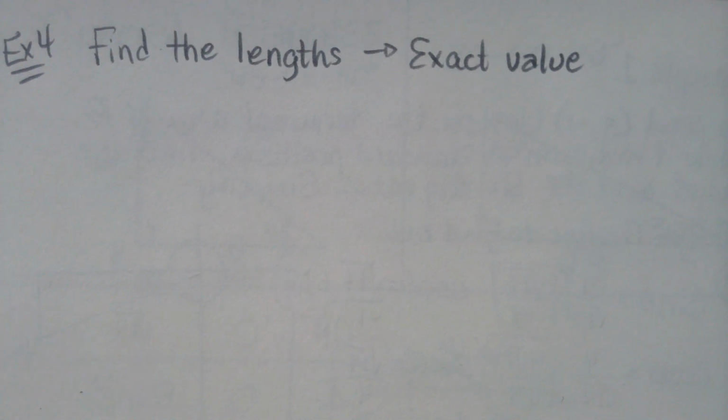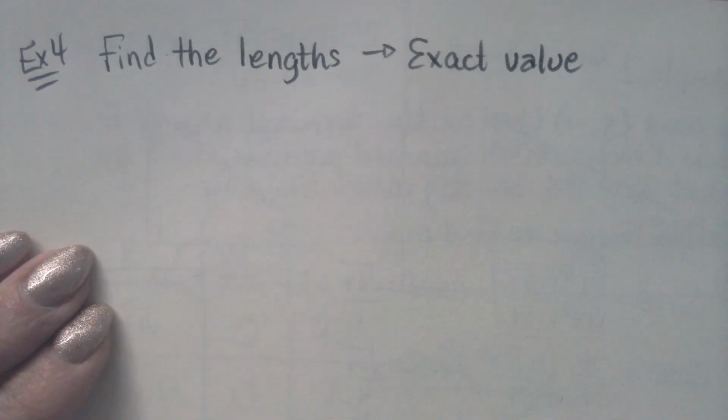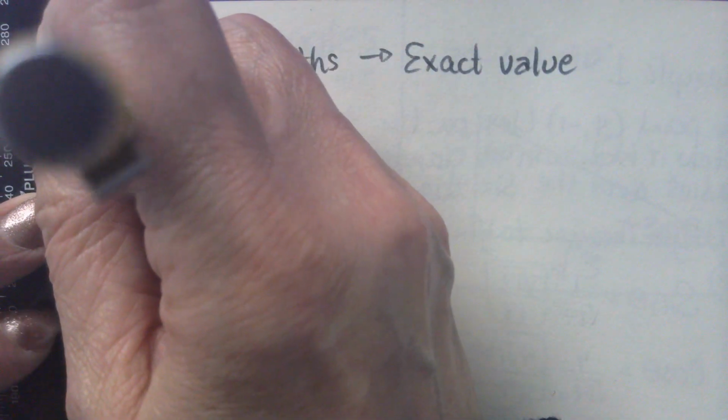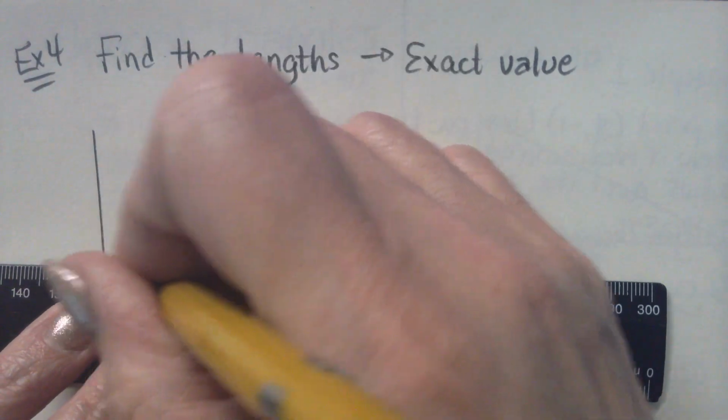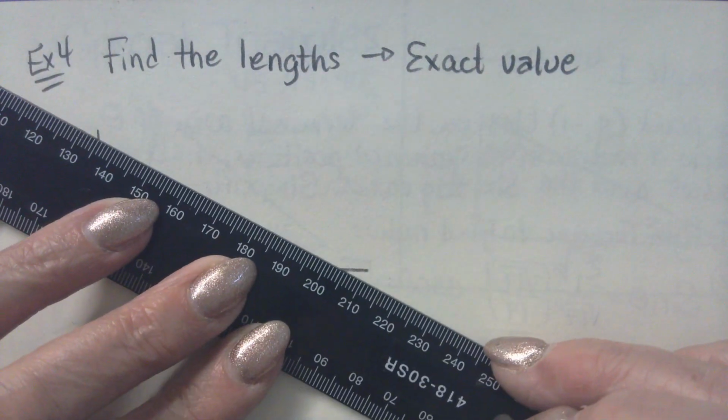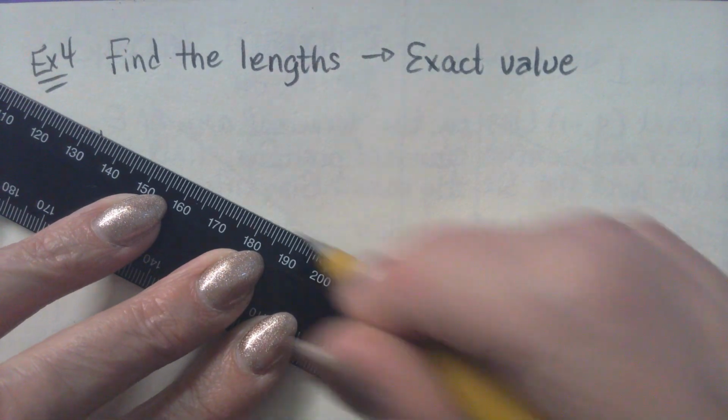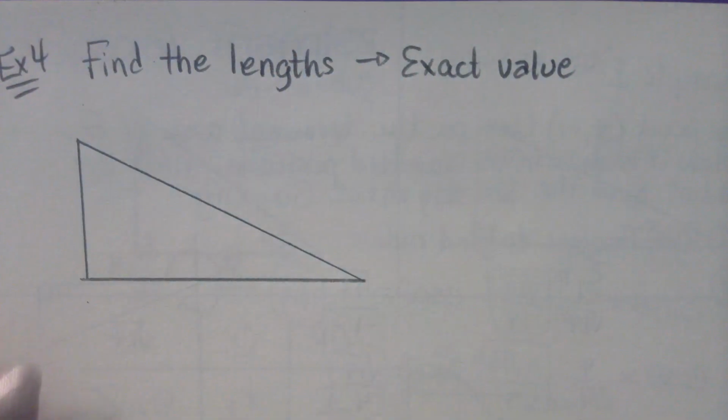All right, so we have this triangle here. It is a 30, 60, 90 triangle, PRQ.